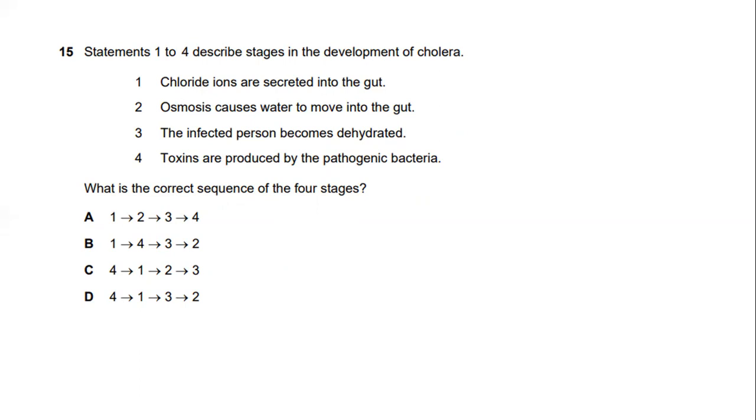After that, chloride ions are secreted into the gut, and osmosis causes water to move into the gut, and the infected person will become dehydrated. So the answer for number 15 is C.